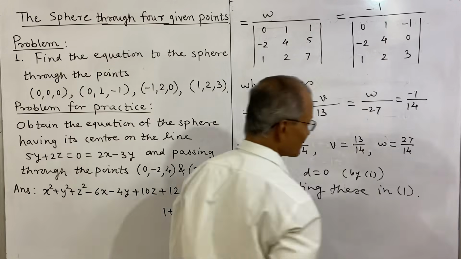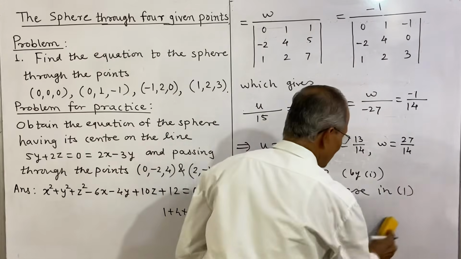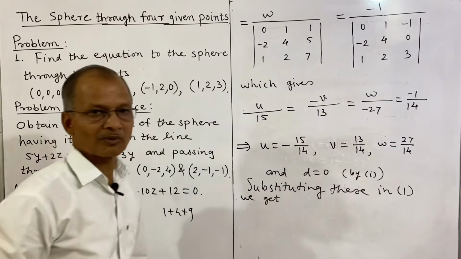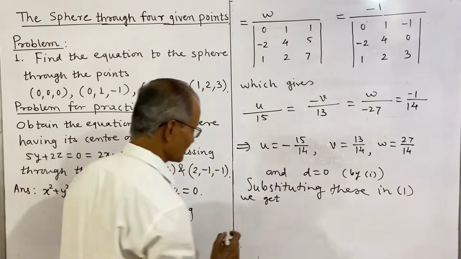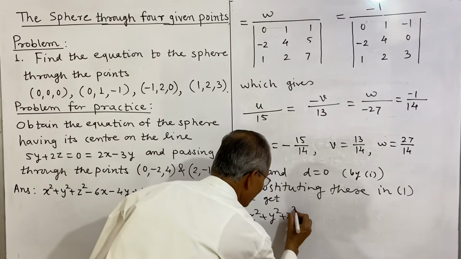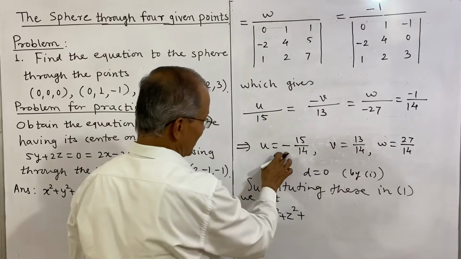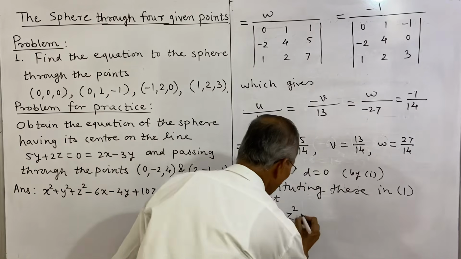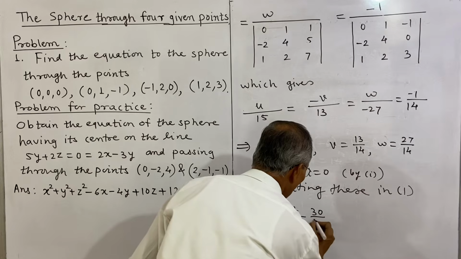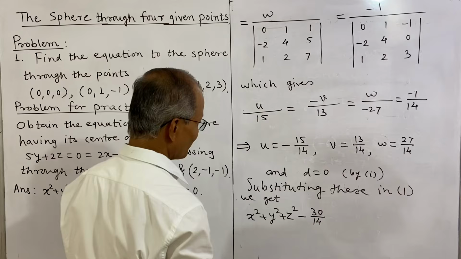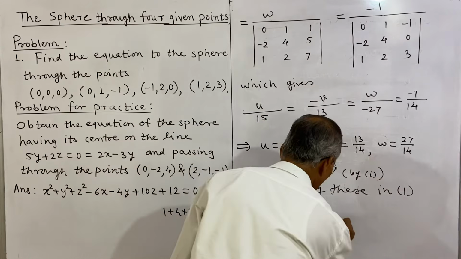What is our equation 1? Equation 1 was x square plus y square plus z square plus 2ux etc. So we get x square plus y square plus z square plus 2u, that will be 2 times of this, with the negative sign, 30 divided by 14 times x.